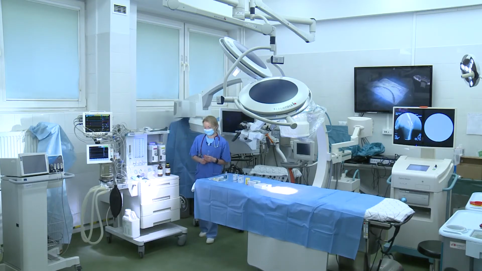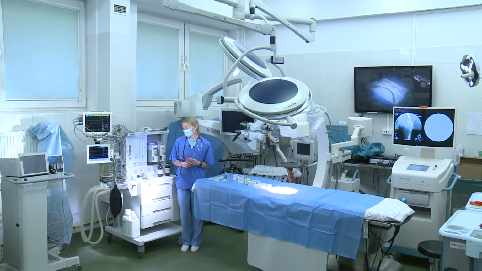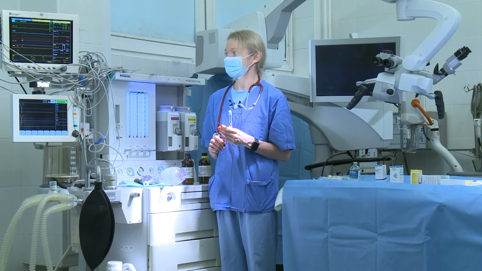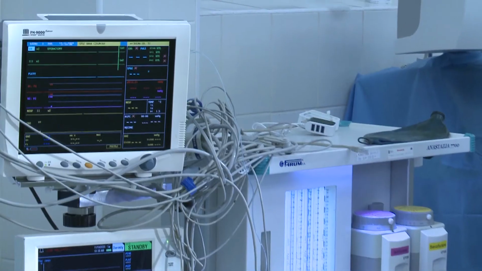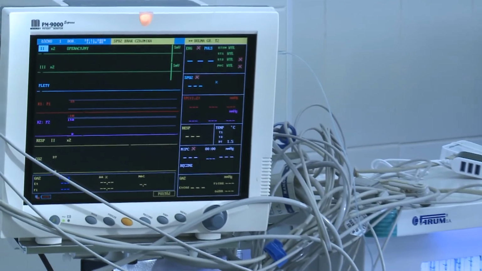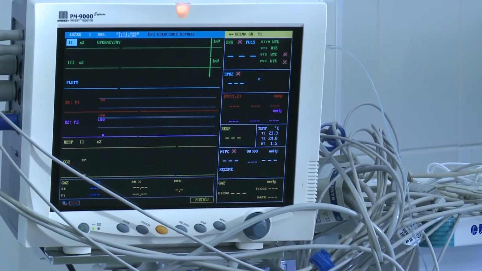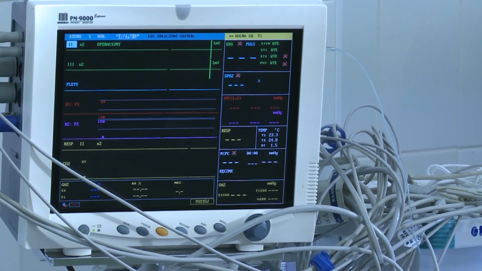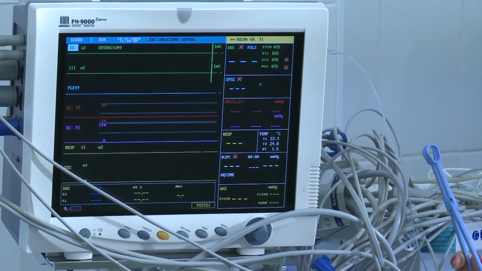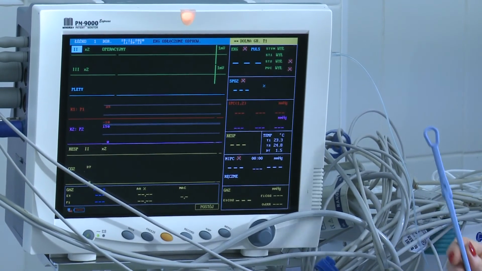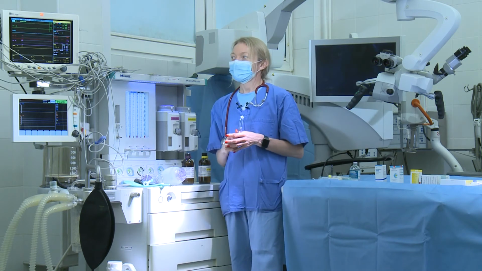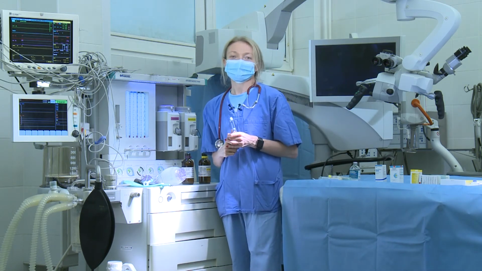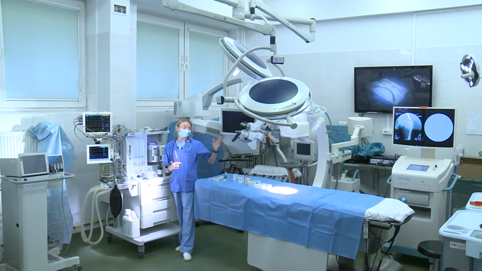Now, if we want to know how our patient sleeps and what is going on with our patient during any kind of procedure, we use a monitoring device. This is the basic monitoring device used during surgeries and during diagnostic procedures.